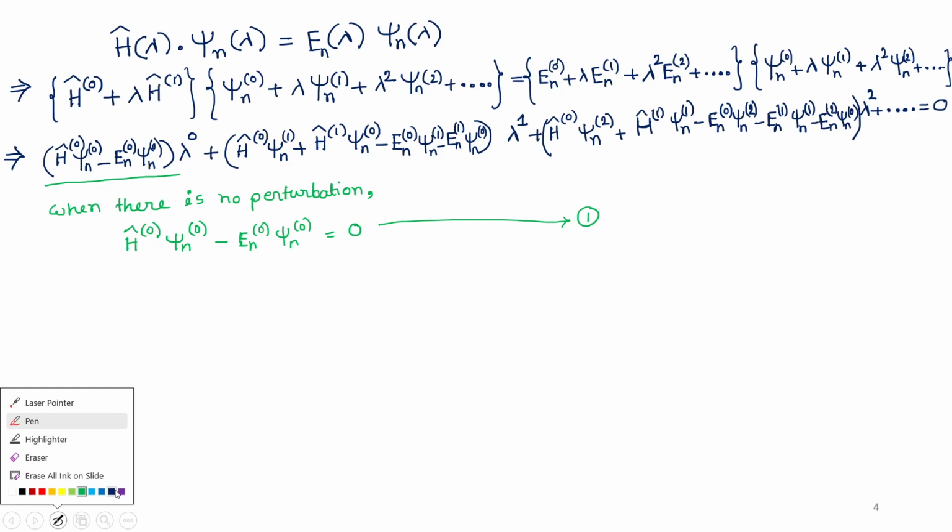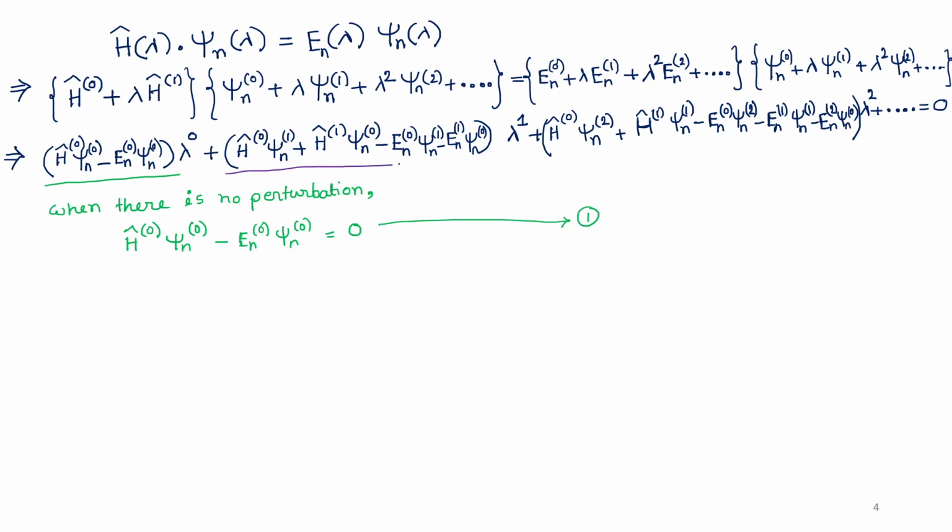So I'll write it maybe in this pen: h0 psi n1, then h1 psi n0th, minus en naught psi n1, minus en1 psi naught, that is 0.